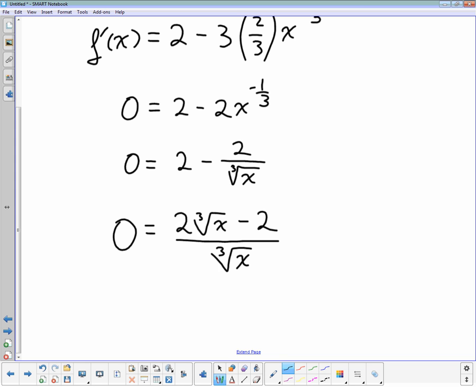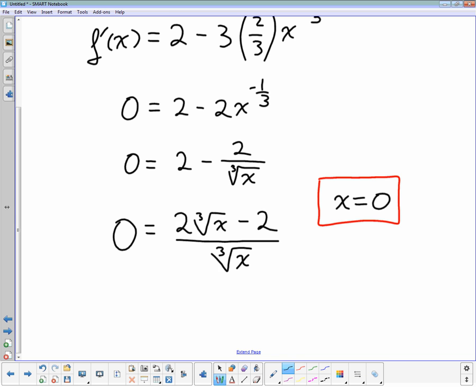So we have a couple of places that we're going to need to care about. We're going to need to care about that denominator. So the denominator cannot equal 0. That is where my function is undefined. So x equals 0 is definitely a critical point. Oh, not a critical point. It's a point of investigation.